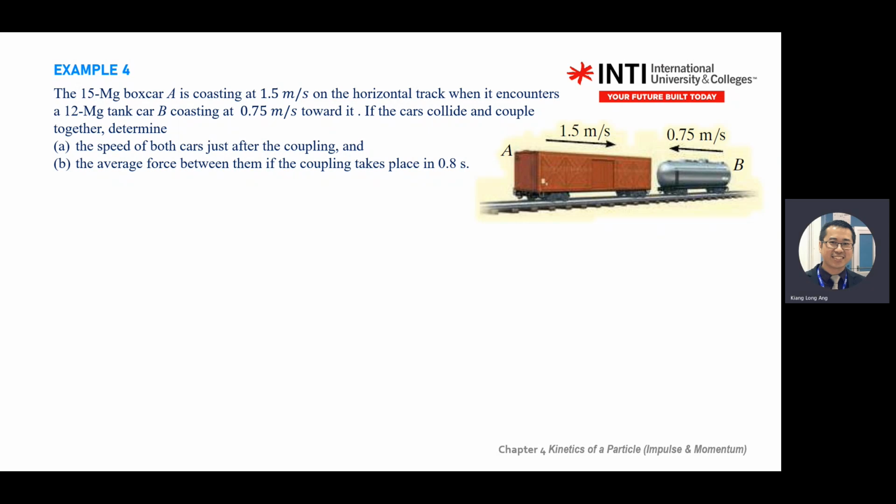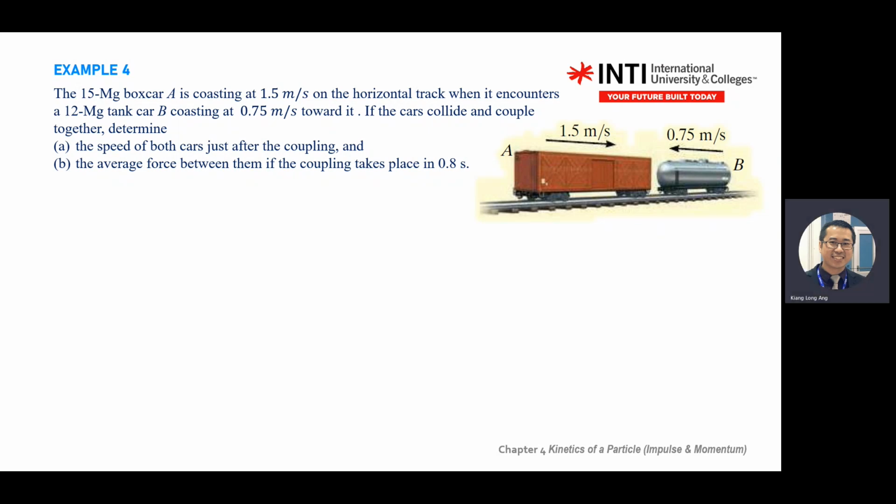We don't care about the direction, so in this case we fix one positive direction. To the left is positive. My way of solving, I always follow the big velocity. Equal to, if these two objects separate, I will have m_A v_A2 plus m_B v_B2.